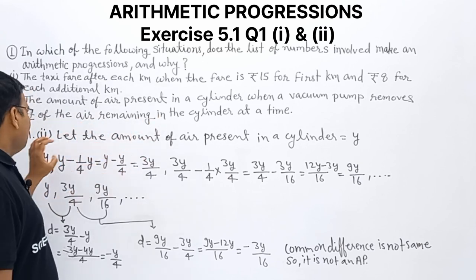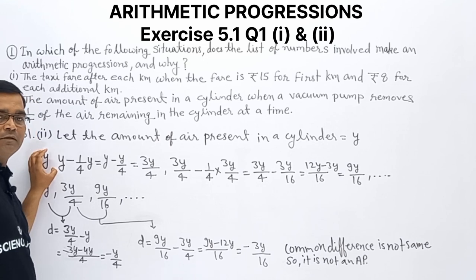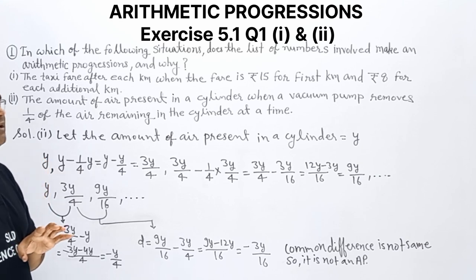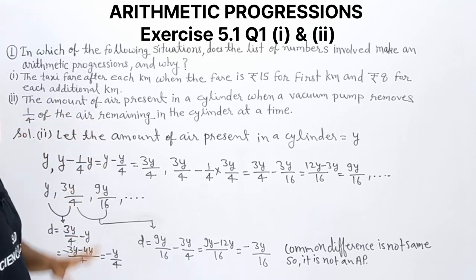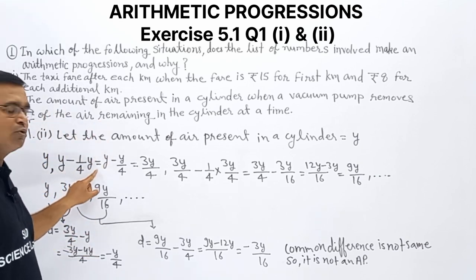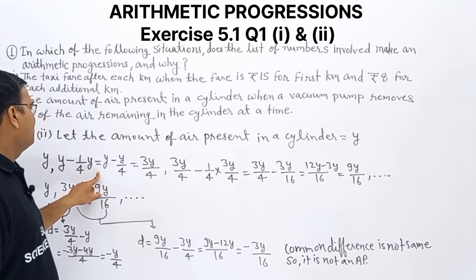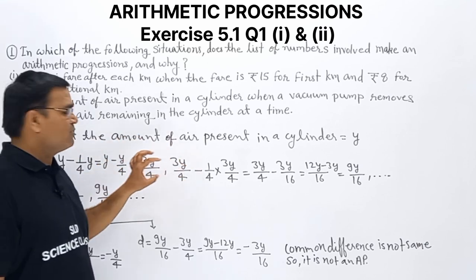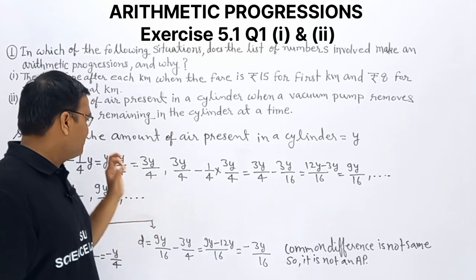In the cylinder we have Y units of air. Second time, from the air we have, we remove 1/4 of the air present. So Y minus 1/4 of Y units, then we get 3Y by 4.